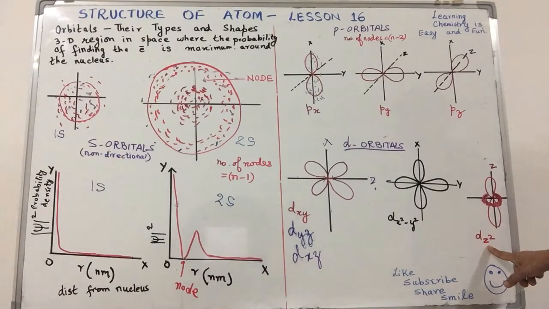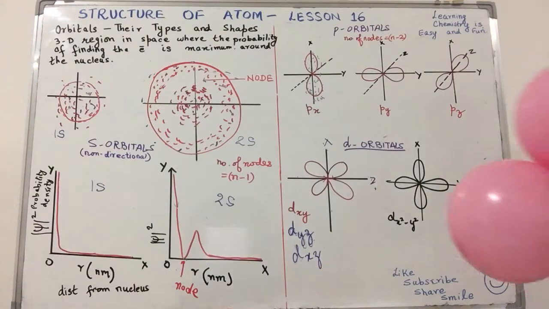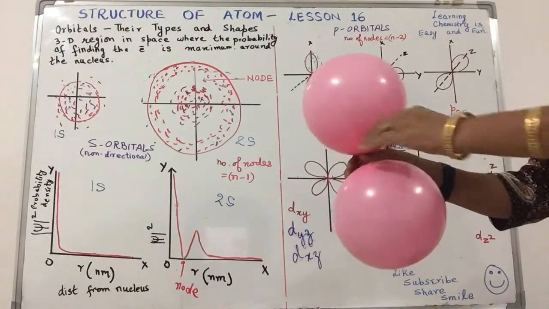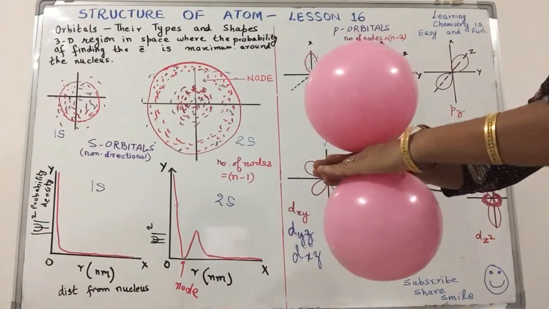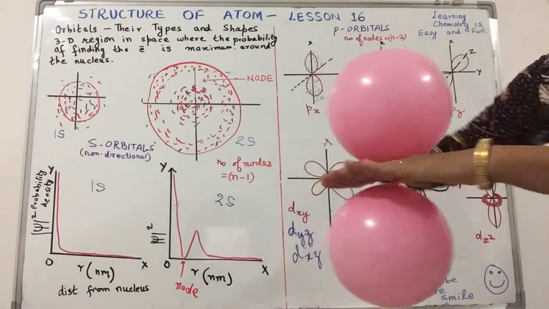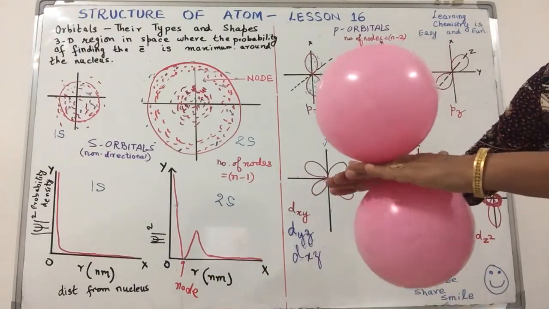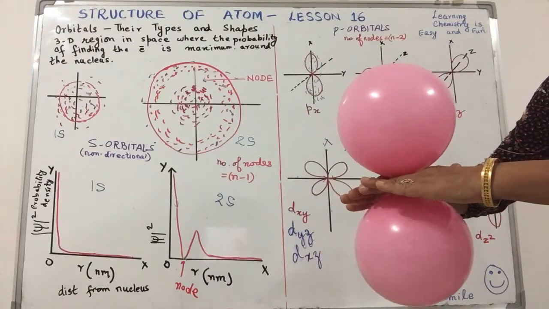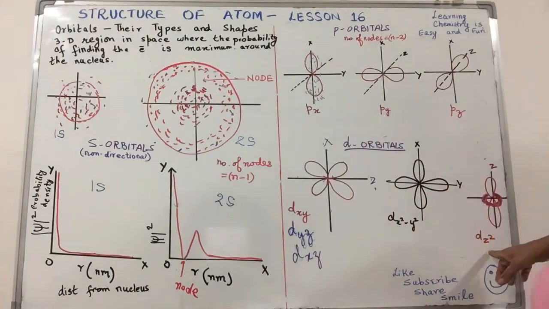Fifth one is dz square. What is this dz square? It is like a dumbbell shape with a donut shaped ring around it. See, there's a ring around it in the form of a donut. Clear? This is my dz square.